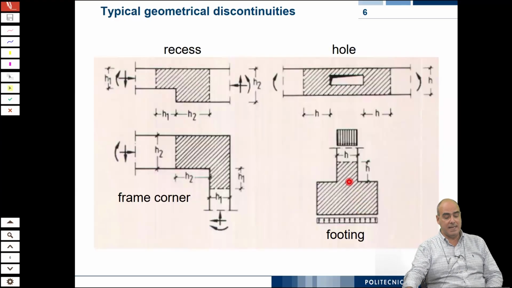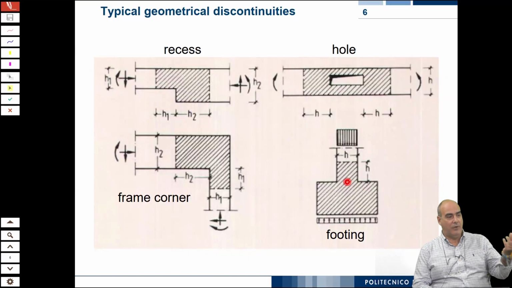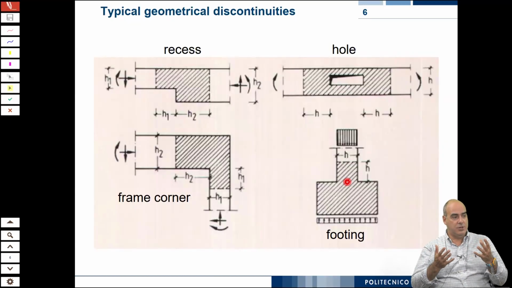This element here is an isolated footing, which is by itself a D region as a whole. So you can hardly design a footing element employing the beam theory. It does not apply to it. So if you have a footing element like this and you speak about moment and shear, there is no meaning, because moment and shear, axial force, torsion moment and so on are, in a sense, average stresses over the cross section.